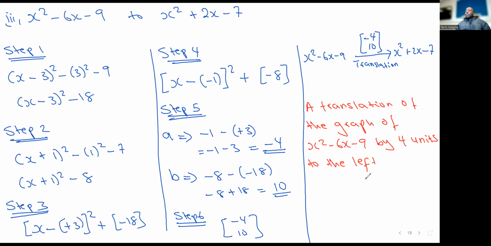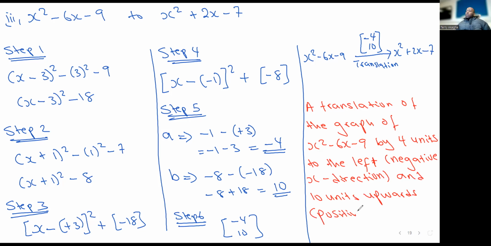Positive y direction, 10 units in the positive y direction. And also you can say left, or you can say negative x direction. It's exactly the same thing. So negative x direction and 10 units upward, which is all the positive y direction.